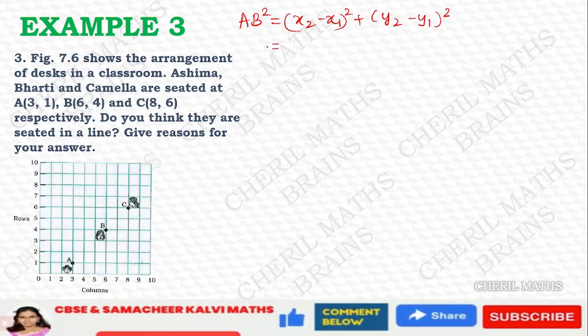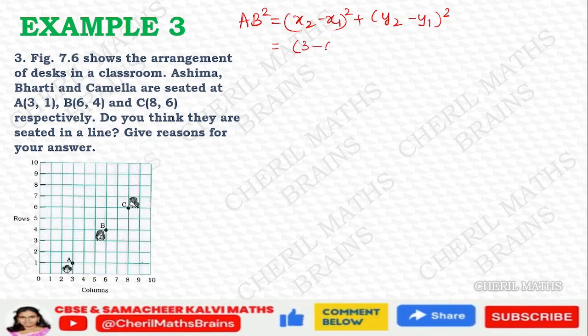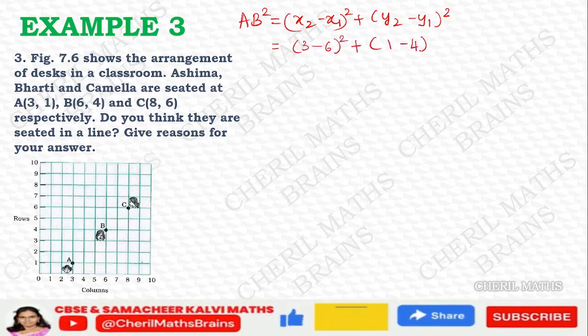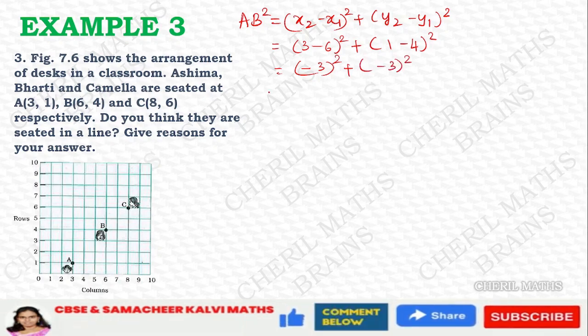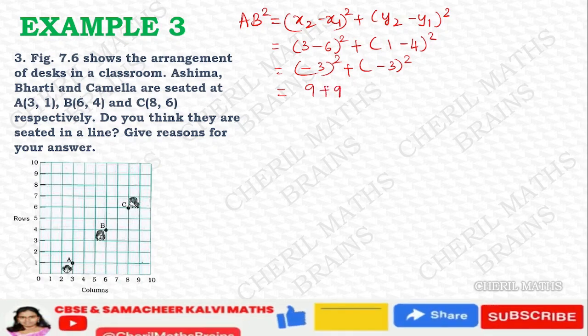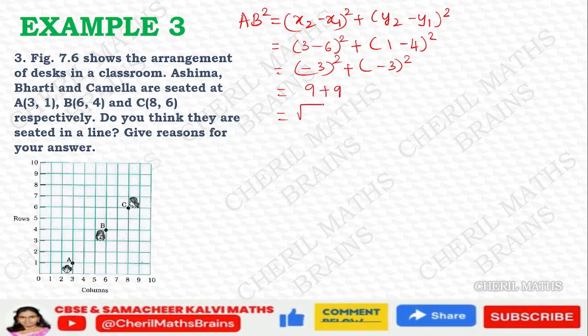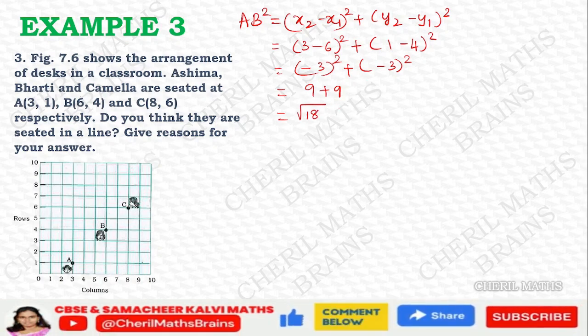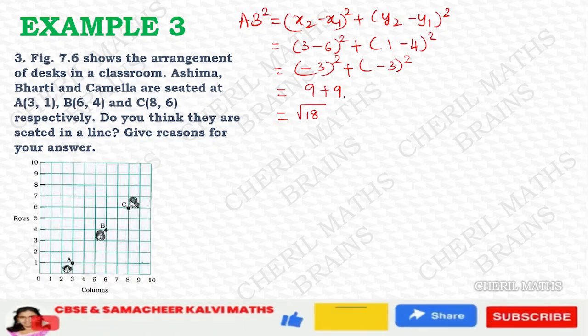So (3 minus 6) the whole square plus (1 minus 4) the whole square, so it will be (minus 3) square plus (minus 3) square. So it's going to be 9 plus 9, where I can say it is going to be square root of 18.